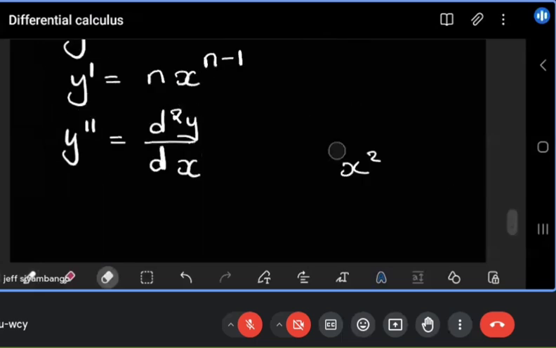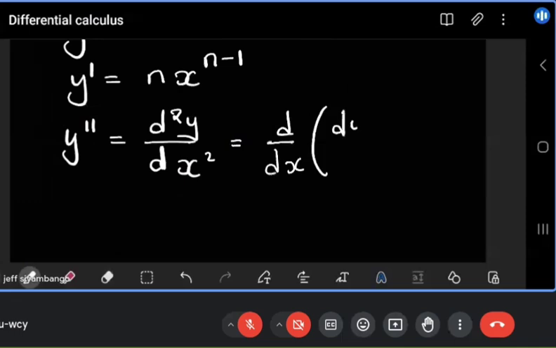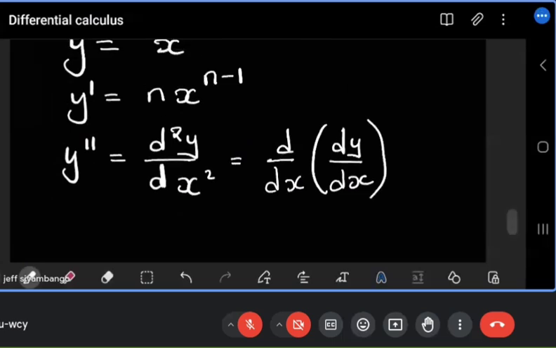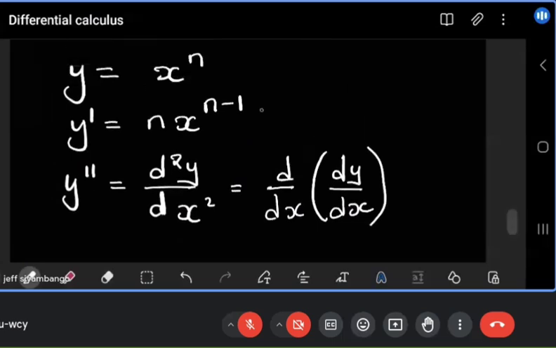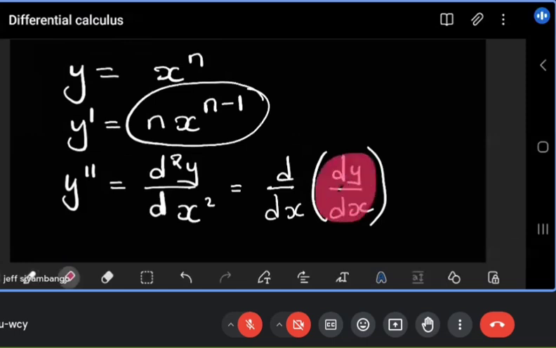All in all, I want to say the double prime here means the derivative of the first derivative we obtained. So if y prime was this, we now want to differentiate the first derivative. So what do we get?